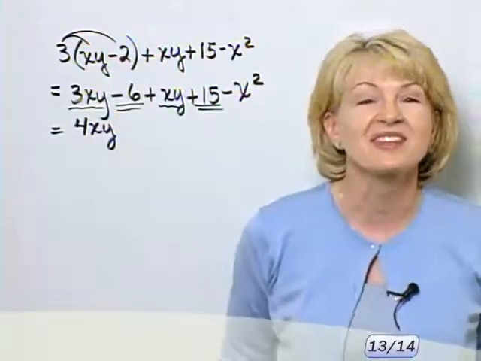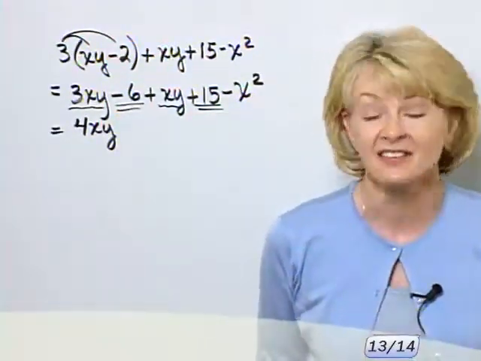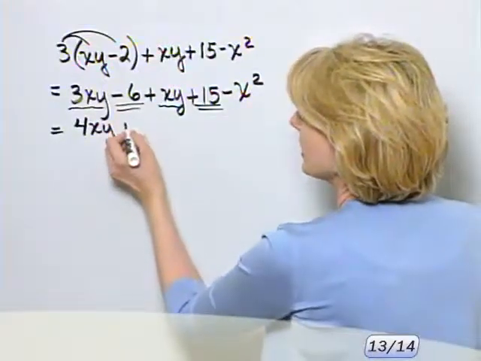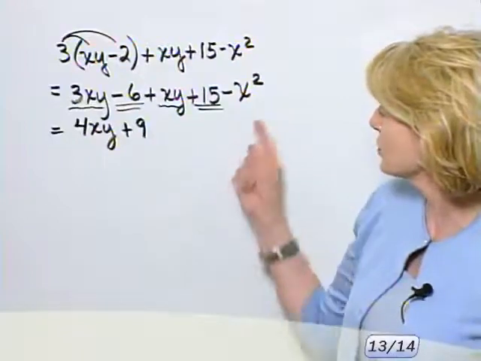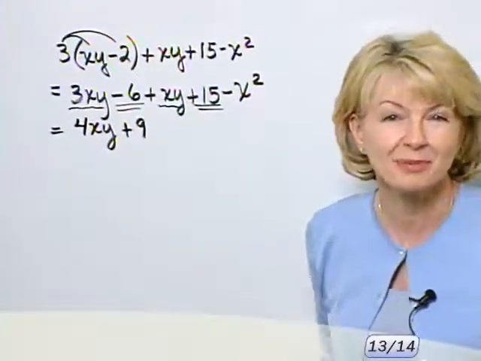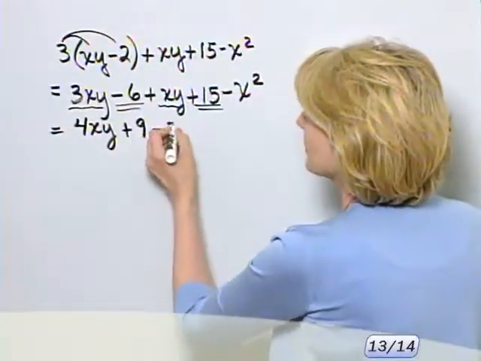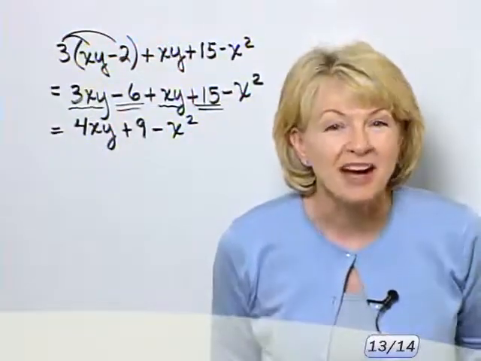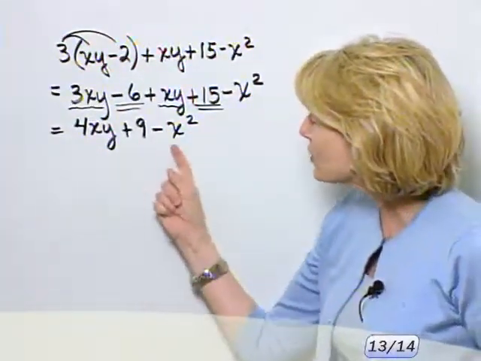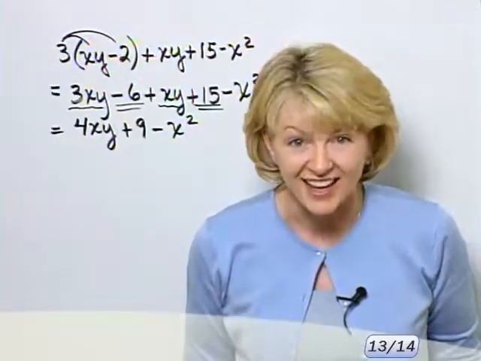So I have negative 6 plus 15, and negative 6 plus 15 is 9. So that's plus 9. And then I have no other terms like this term, so I'll simply rewrite it, minus x squared. So 4xy plus 9 minus x squared. I can go no further. These are all unlike terms.